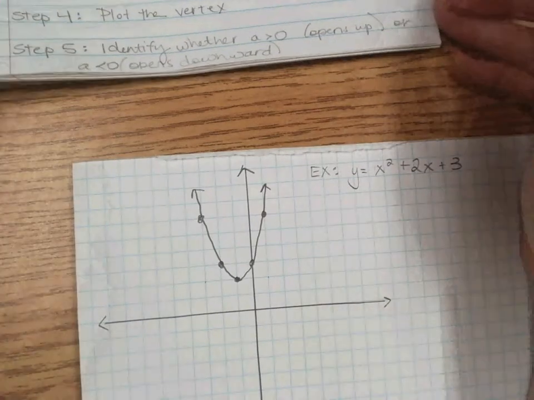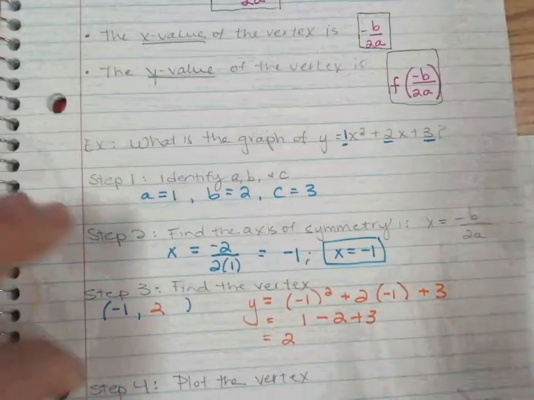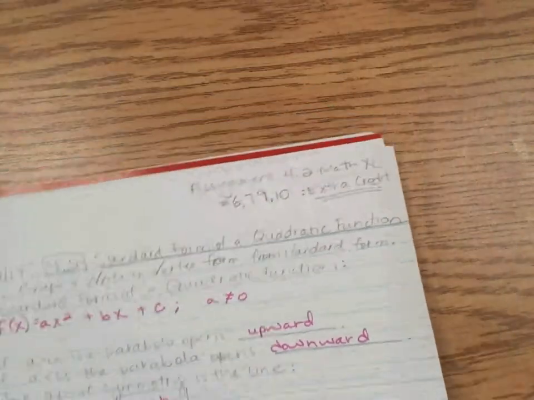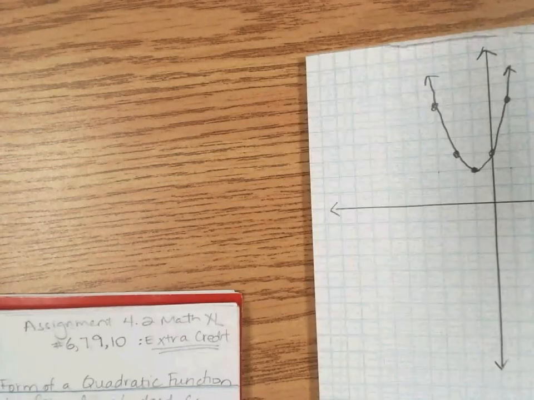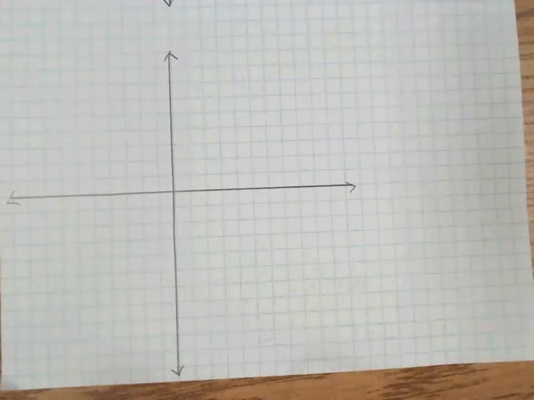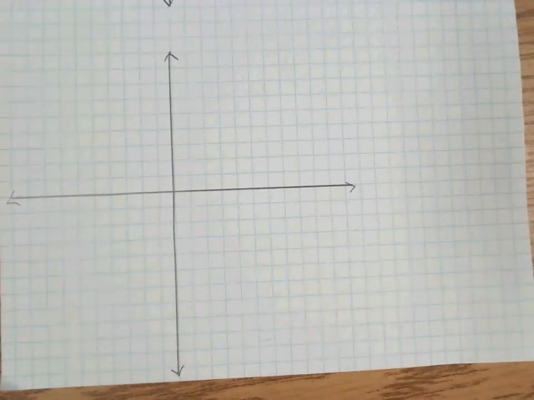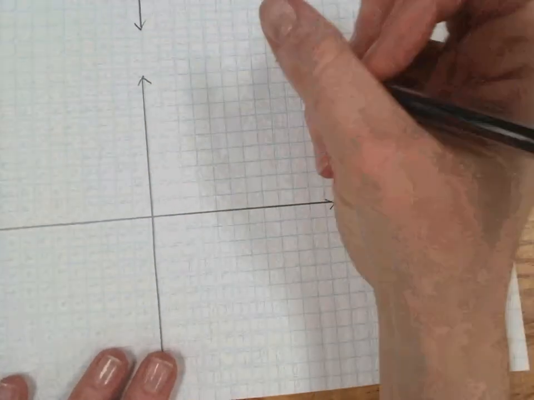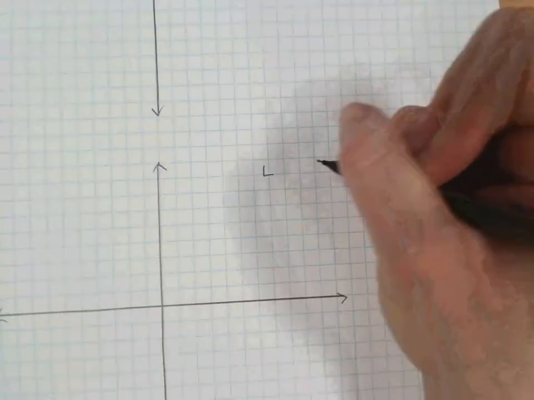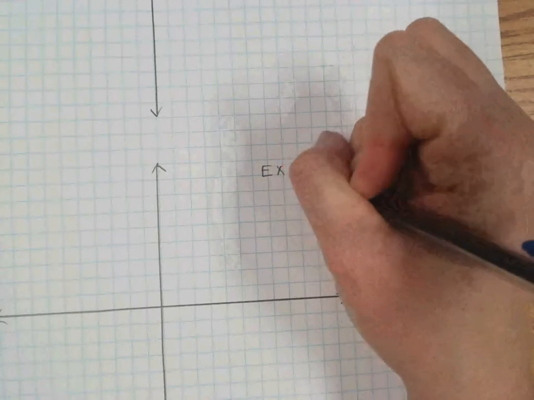So that was our first example. Not too bad. Next thing we'll do is we'll try one more example, and I'm actually going to do the whole thing right here. We'll call this example 2.